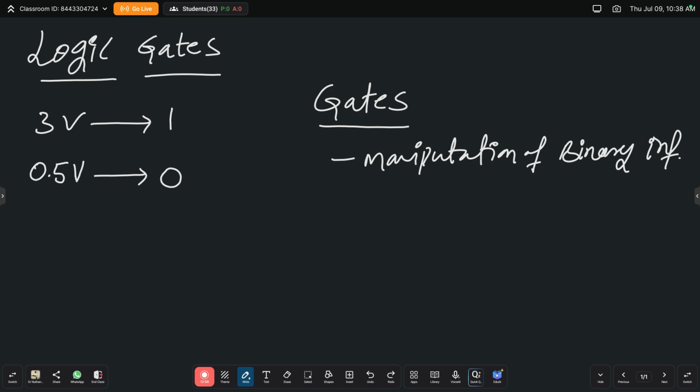Gates are blocks of hardware that produce signals of binary 1 or 0.